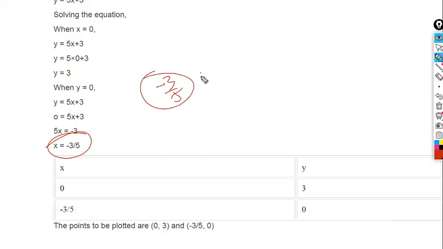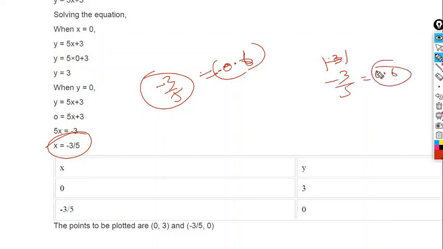Minus 3 by 5, you convert it into a decimal. You divide it, 3 divided by 5, that means 0.6, and it will be minus. So minus 0.6.